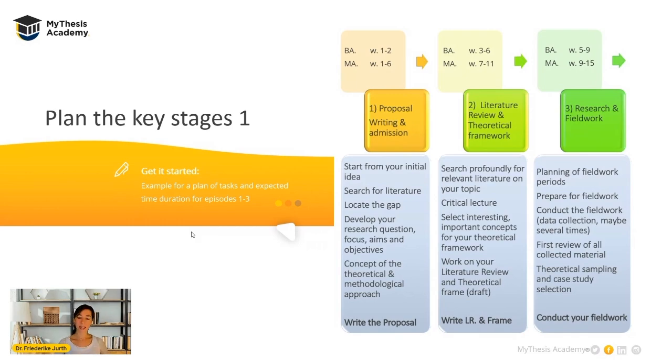Then you should calculate some time for the conduction of the fieldwork, so for the data collection, and maybe for the doctoral dissertation, for sure you can do it in a split fieldwork, so that you can come back several times. For example, this is also something that you have to calculate.